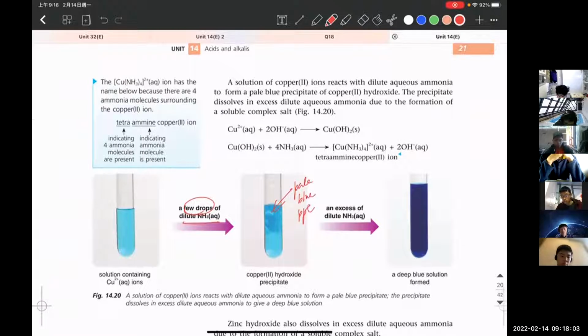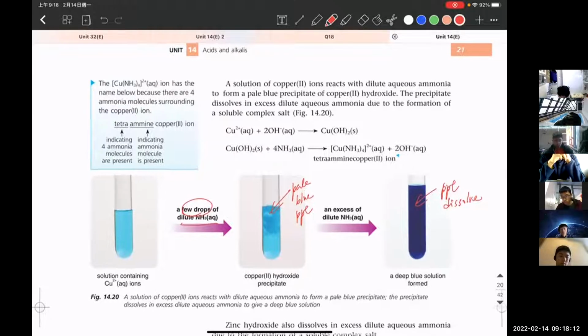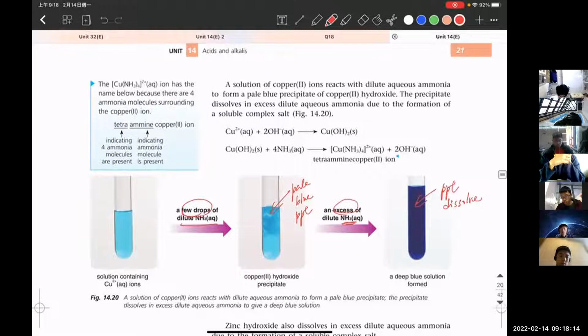But if I put it into excess alkali, especially ammonia, the precipitate will dissolve to form a deep blue solution. That deep blue color seems much like the blue ink in a ball pen, right? With that color, very similar.